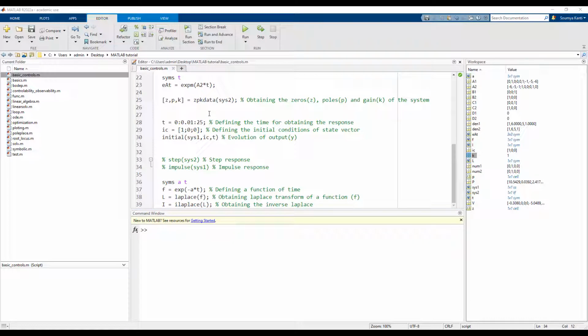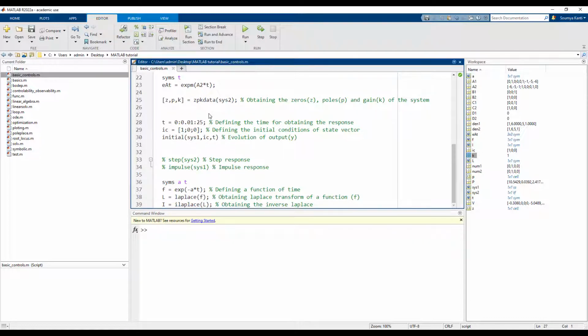Suppose now we want to see the evolution of the system given the initial condition. I want to see the output of the system. So what you do is provide the time you want to simulate. I'm giving it starting from 0 till 25 seconds, and this is the step time. I need to give some initial condition. So this is 1 0 0.